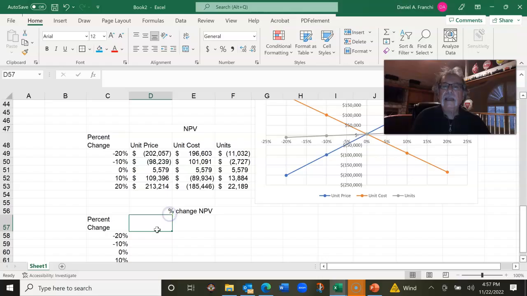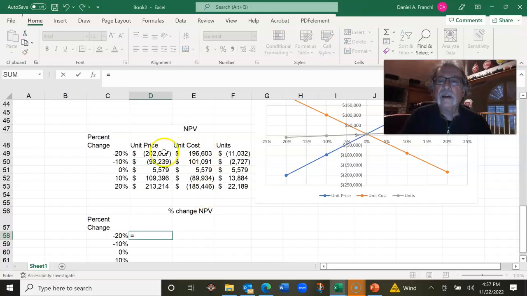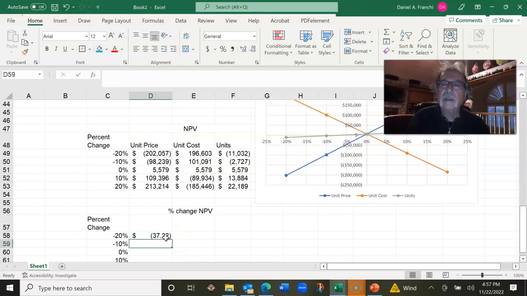Okay, and so I'm going to hard code this in, but you can make this a variable, but this is going to equal this value minus 5579 divided by 55.79. Let's make this a percent.